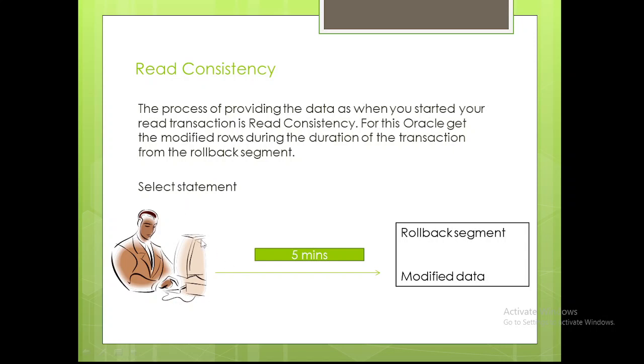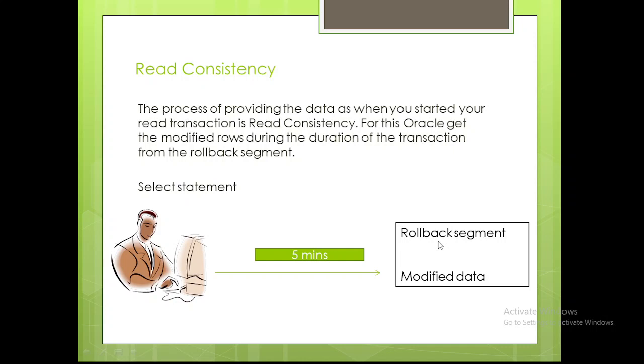Once you have started the transaction at 10 o'clock, your statement is running for 5 minutes. If someone in the meantime updates some records in the database, that data from the DB buffer cache gets moved to the rollback segment, which is managed by undo tablespace. We have undo data here.